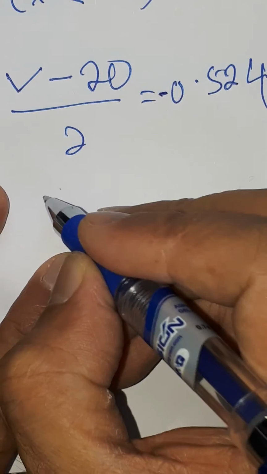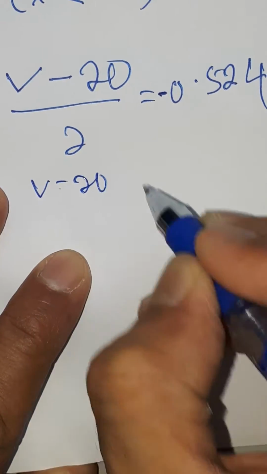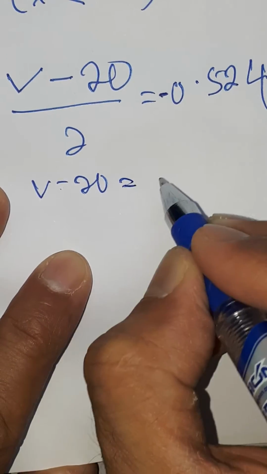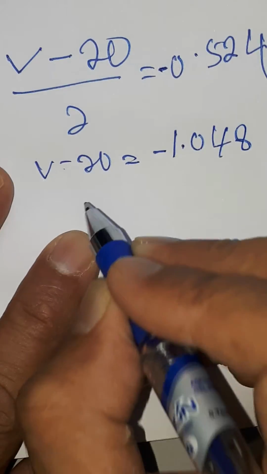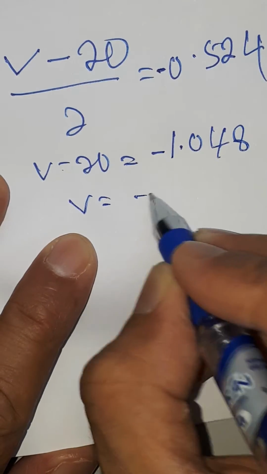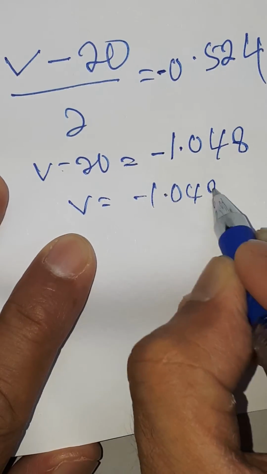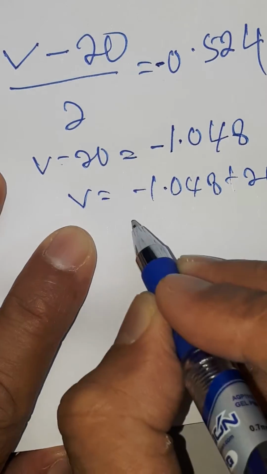So we say V minus 20 equals negative 1.048. So V equals negative 1.048 plus 20.